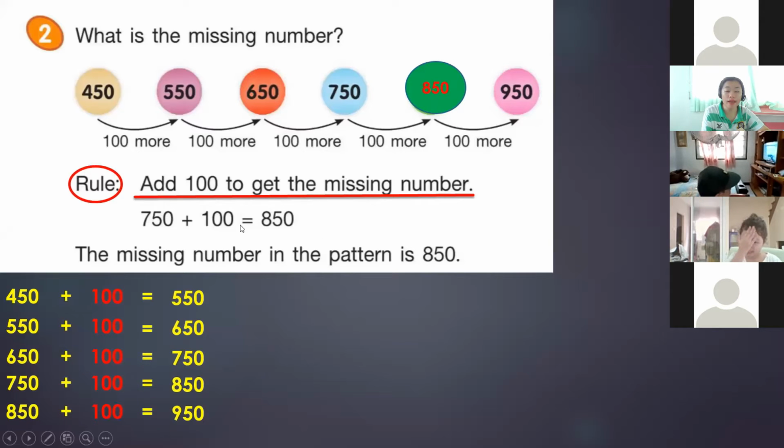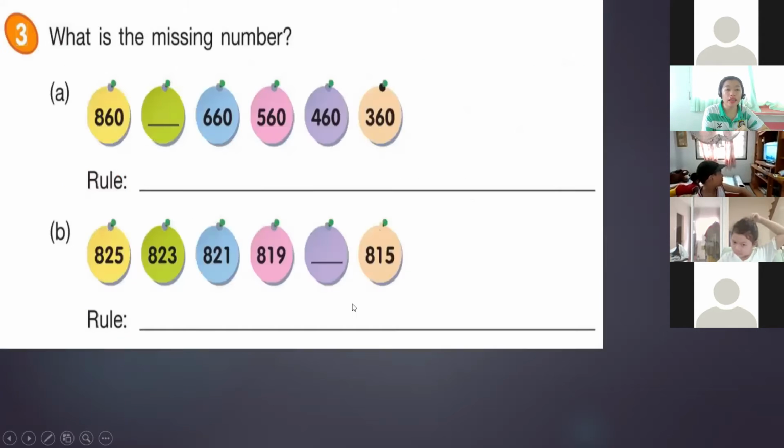We have to add 100 to each number. So the missing number in this pattern is 850. Let's try number 3.